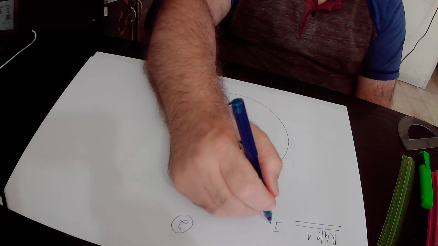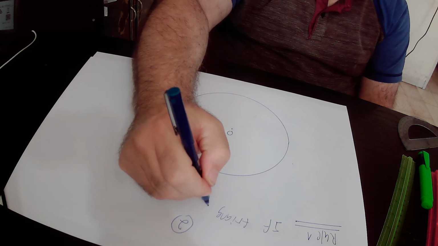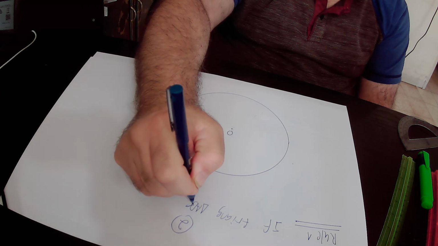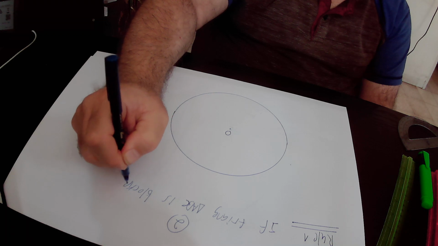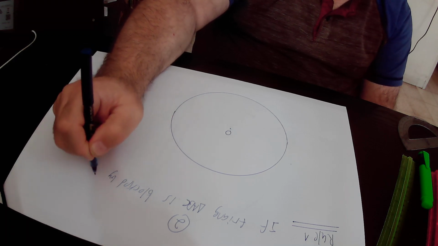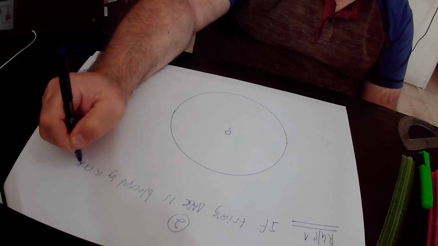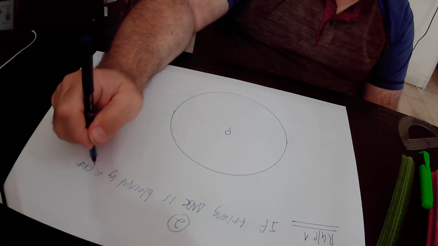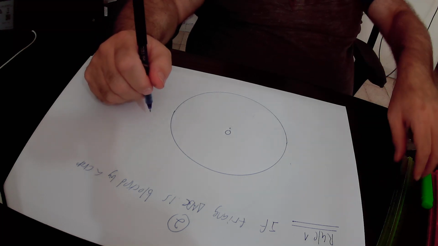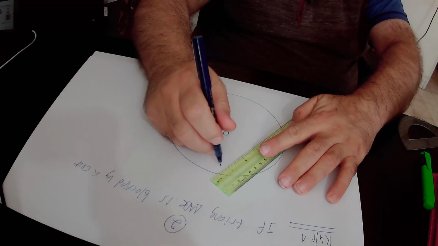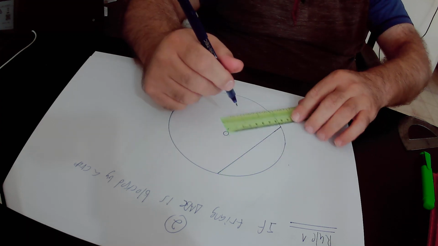If triangle ABC is blocked by a circle, so inside this circle we have triangle ABC. The circle blocks triangle ABC.